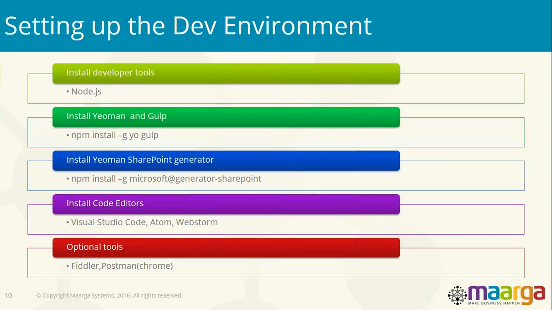We can also use Atom and WebStorm apart from Visual Studio. There are also some optional tools which can be installed, like Fiddler, where you can monitor the traffic which flows from the machine to SharePoint Online through the HTTP or HTTPS protocol.